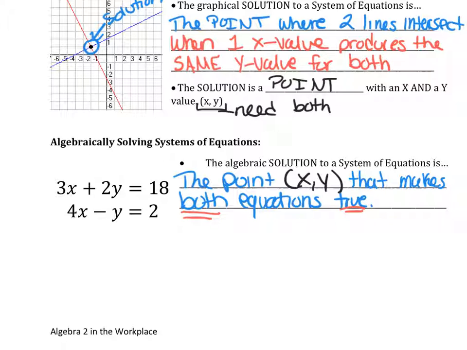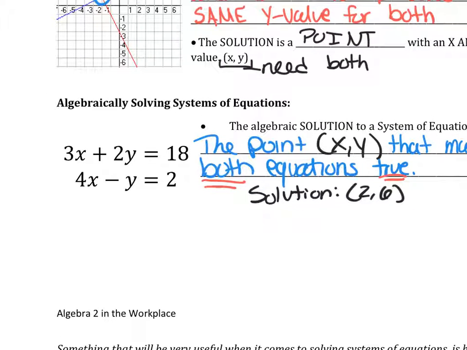All right, so for this example, I'm just going to tell you that the solution to this system here is the point (2, 6). To prove that this is indeed the solution, we plug in 2 for x and 6 for y in both of the equations, and we should get a true statement for each one.